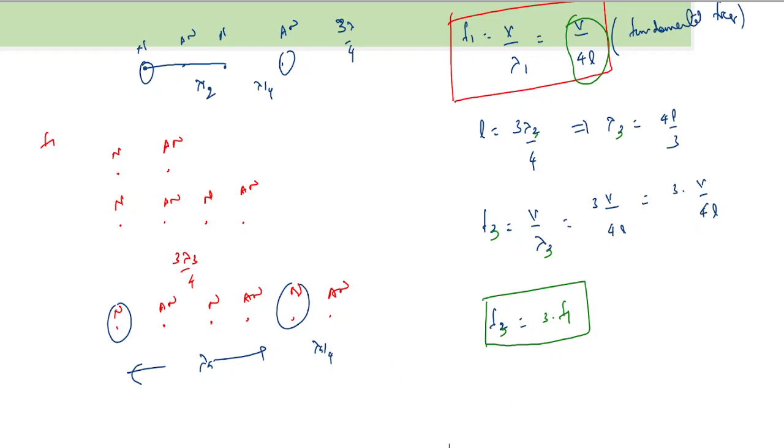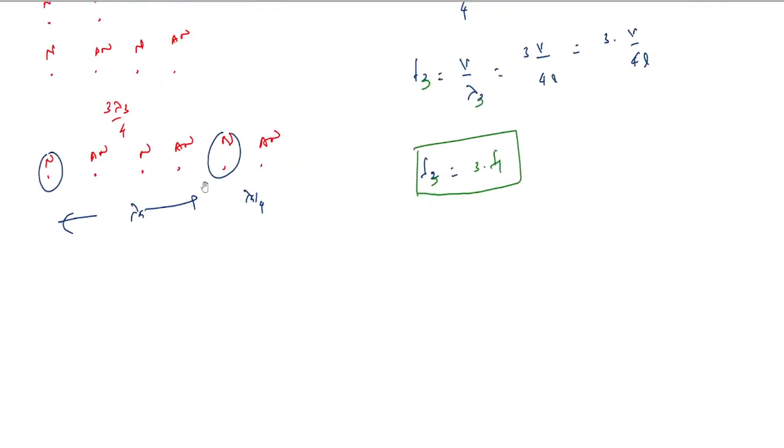If we extend the same argument here, the next frequency we would get is f5, which is 5 times f1. So what is seen here is that we get f1, then 3f1, 5f1, and so on. The third is called the third harmonic or first overtone.